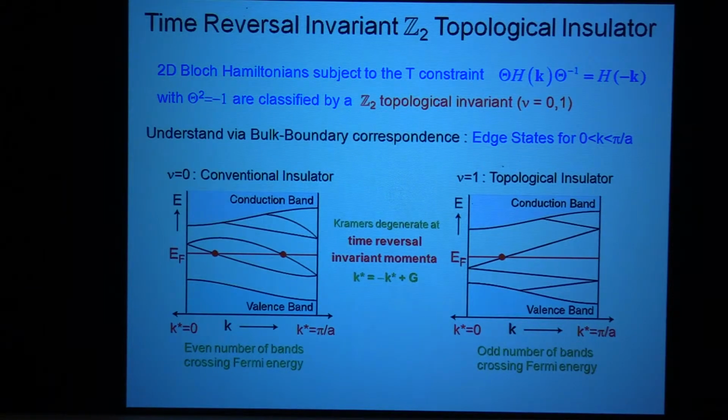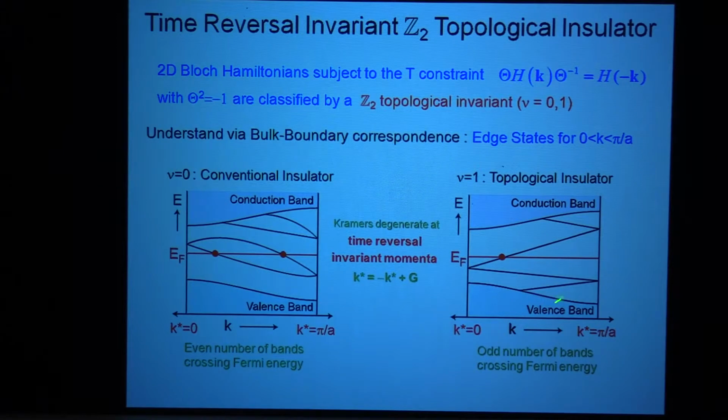Now, if you were Anderson localized, then your states would be exponentially localized, and there's no way they could know what the boundary condition is. So by definition, localized states are insensitive to the boundary condition. So if you had localized states, there's no way they could have this zigzag partner.